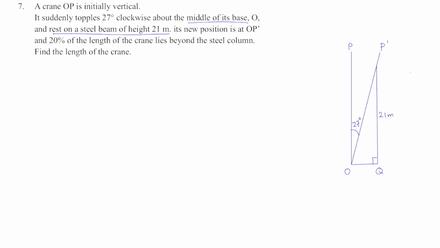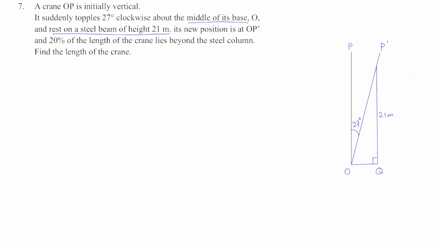I have a right angled triangle over here, and I can find this angle because this is supposed to be a right angle as well. Find the length of the crane. I'm supposed to find this line, which is OP prime. So finding OP prime will give me OP.